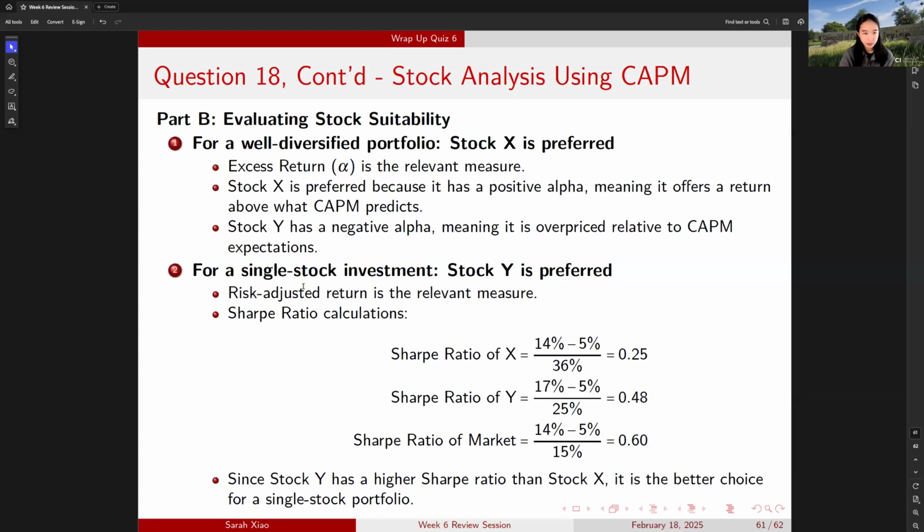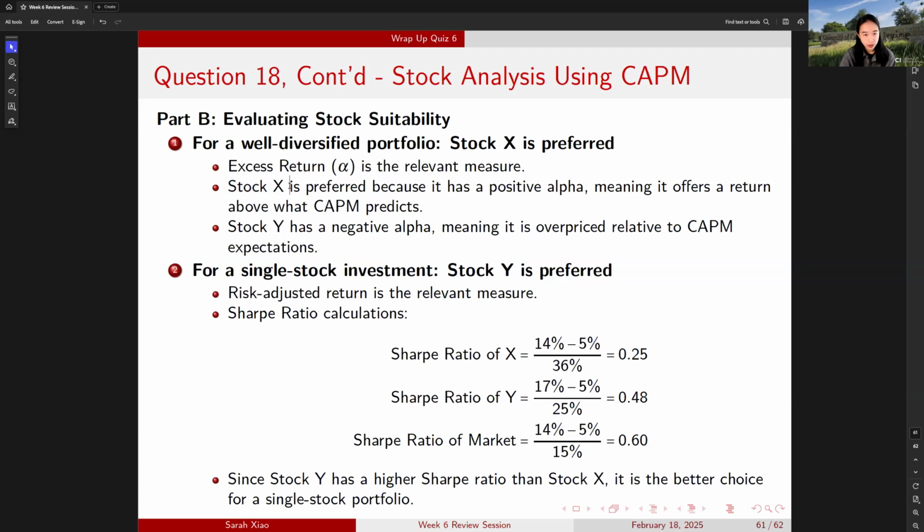For part B, we want to first consider which stock is preferred for a well-diversified portfolio. So the relevant measure for this part is the excess return alpha.